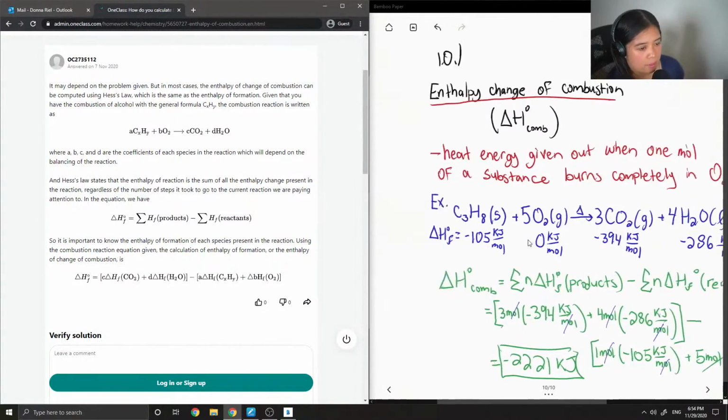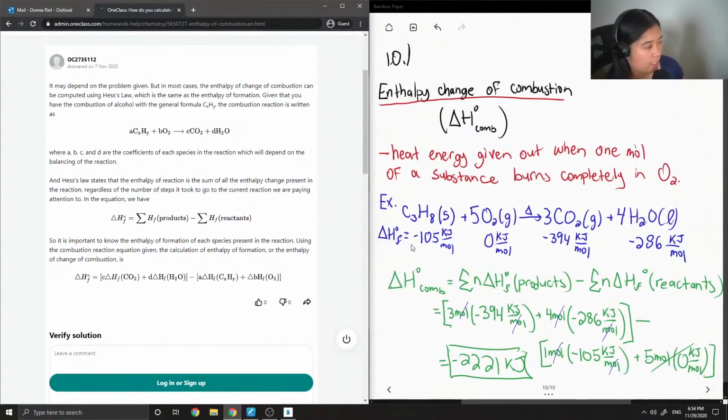Okay, so this is similar to how I balanced our combustion reaction in the example. And Hess's law states that the enthalpy of reaction is the sum of all the enthalpy change present in the reaction, regardless of the number of steps it took to go to the current reaction we are paying attention to. In the equation, we have delta H of combustion is equal to the sum of the delta H of formation for the products minus the sum of the delta H formation of the reactants.